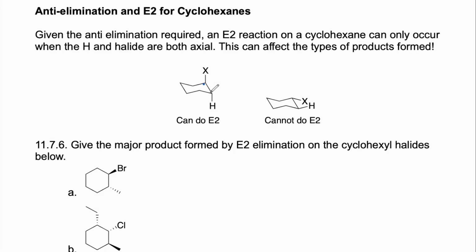So if you have the hydrogen on the opposite side of the ring, then it can have a chair configuration where both of these are in axial positions on opposite sides of the ring, and that is the configuration that will do the E2 reaction. So these have to be on the opposite sides of the ring to be able to do an E2 reaction.